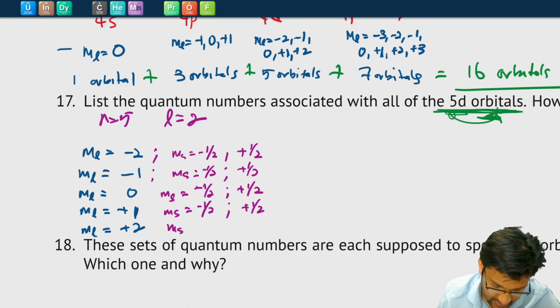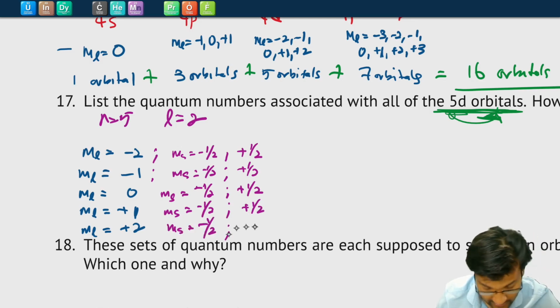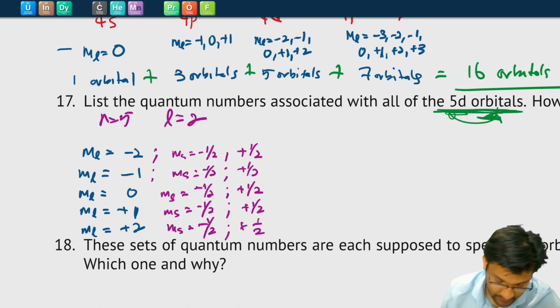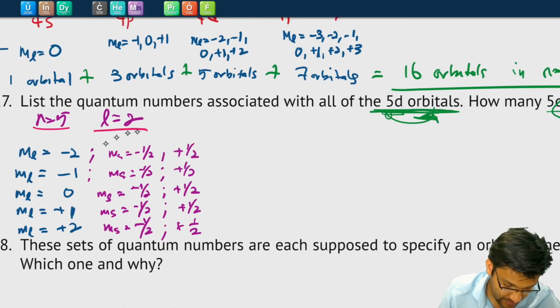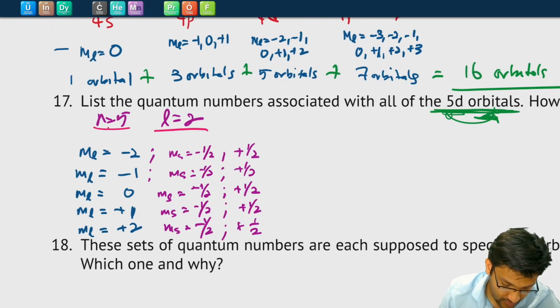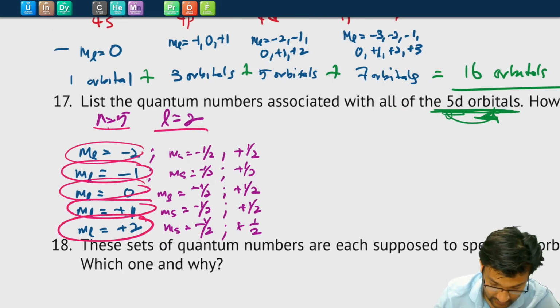And here again, it's asking us to write all the possible combinations. Okay, so if we're thinking about how many orbitals exist, orbitals would be a combination of N, L, and ML. So we'll have 1, 2, 3, 4, 5 orbitals.